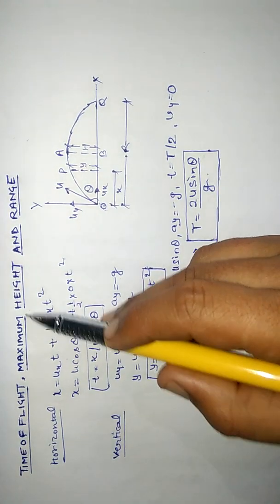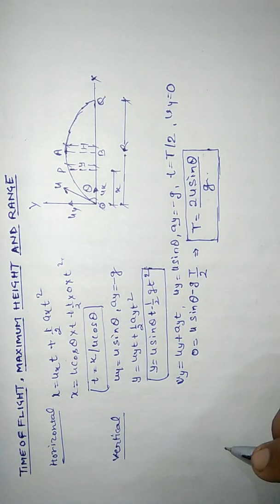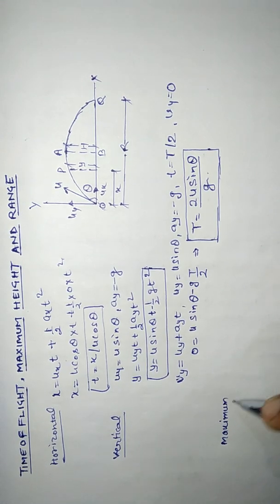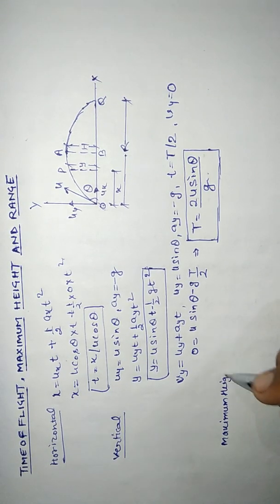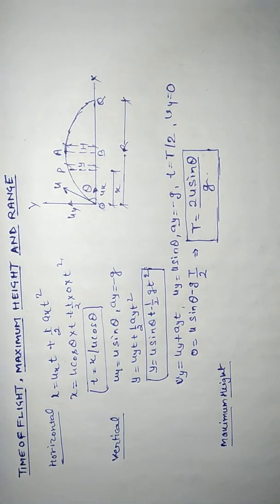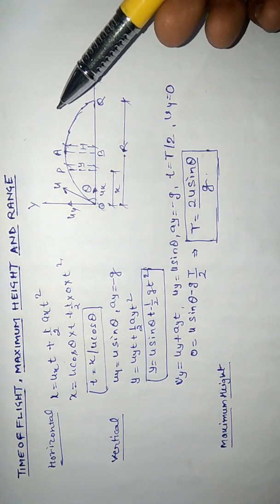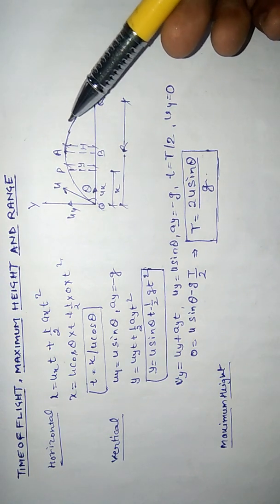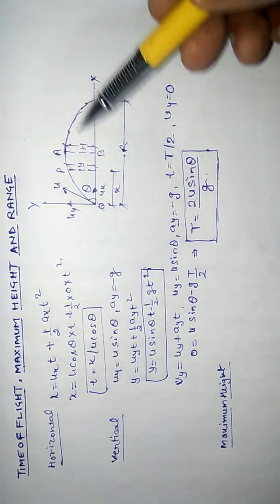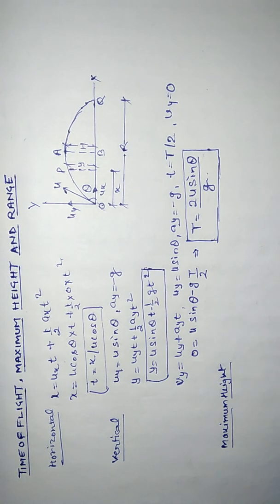Now the second topic is maximum height. It is the greatest height to which the projectile rises above the point of projection. Means here AB is the maximum height attained by the projectile.